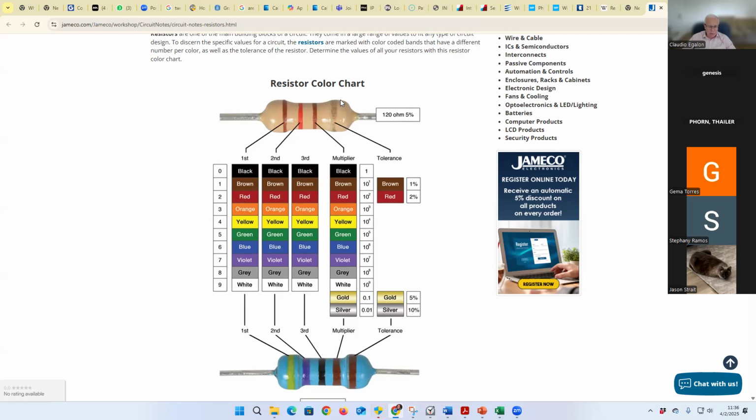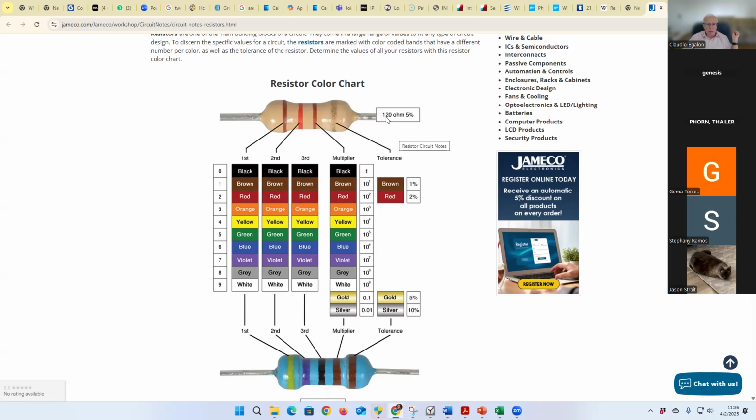The tolerance is gold. Okay, it's a gold color. So what does this tolerance mean? It means that the manufacturer can guarantee a resistance value between 120 minus 5% and 120 plus 5%.